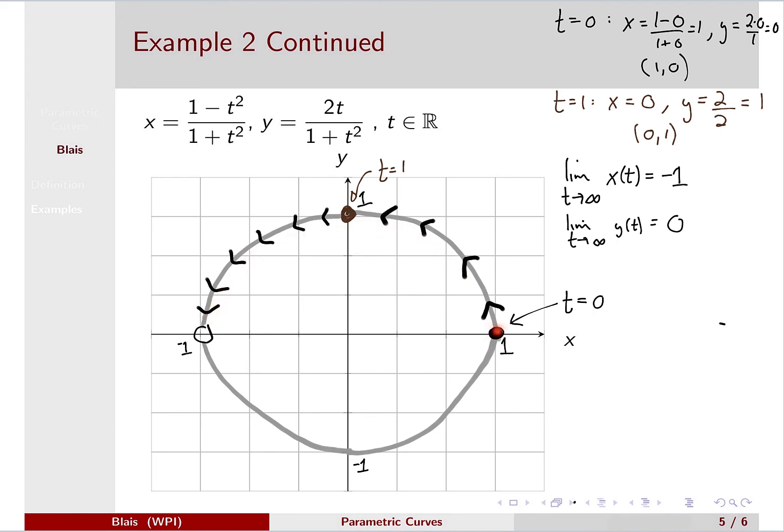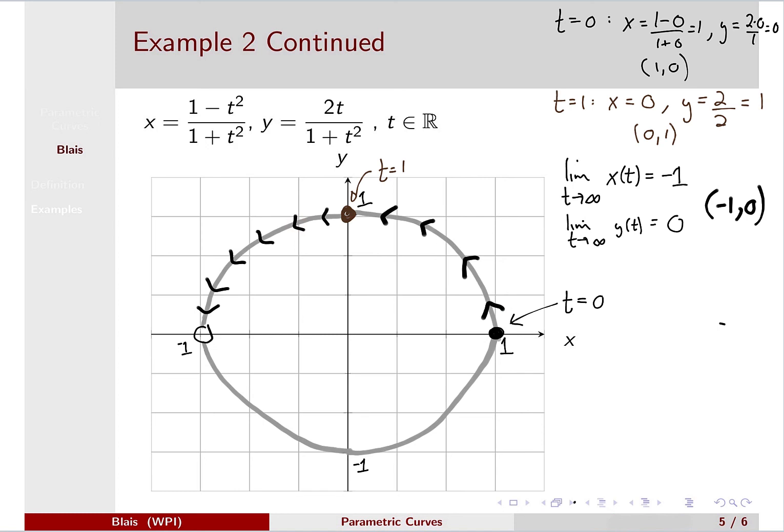But really think of it as if t is your clock, you're slowing down, and you in fact never actually get to this point, because you would need an infinite value for t. You would actually need to get to that limit to get to the point -1, 0.